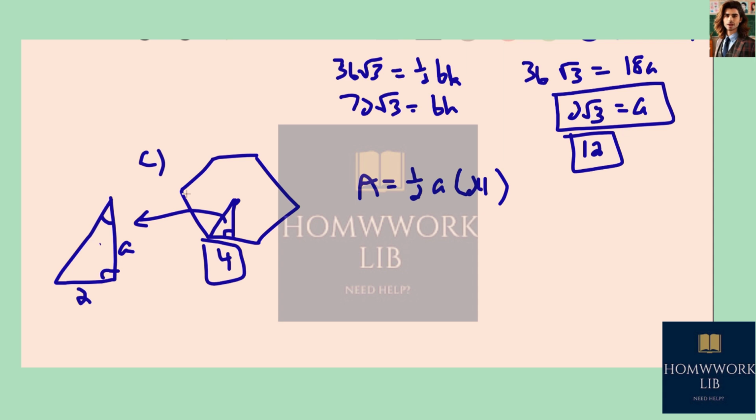So that's 6, that's 12, and 360 degrees around the point divided by 12 would mean this is a 30-degree angle with a short leg 2. The apothem would then be 2 square root 3 using the 30, 60, 90 special triangle with one side 4.